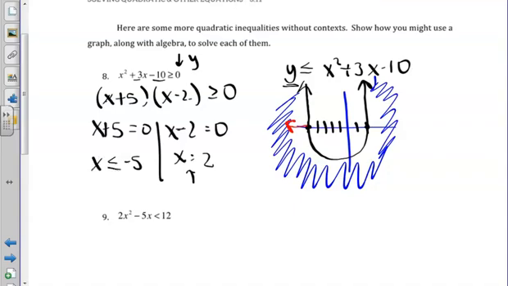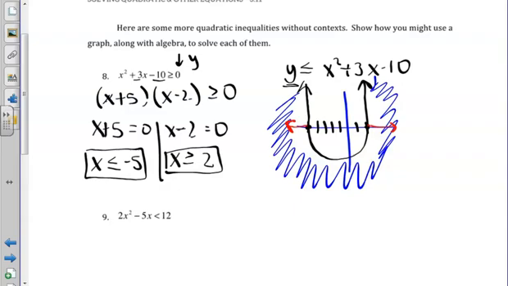X is less than or equal to negative 5. And it has to be greater than or equal to 2. So let me change that over here. And I have just solved this inequality.